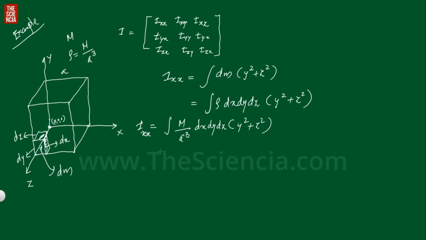I am rewriting this equation, taking this constant m by a cube outside, and splitting the integral into two: the integral of y square dy dx dz plus the integral of z square dz dx dy.